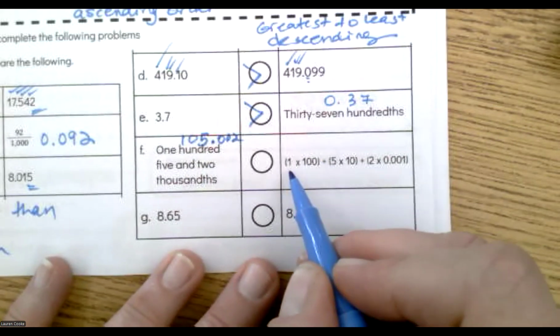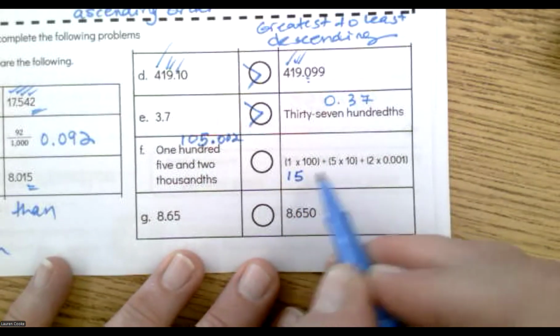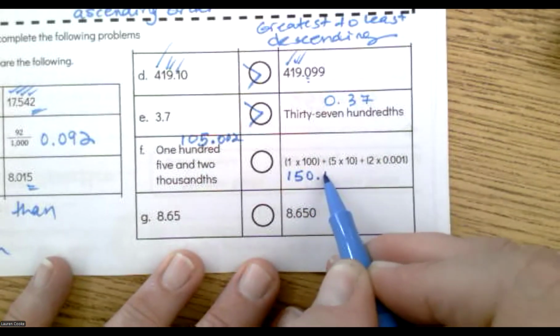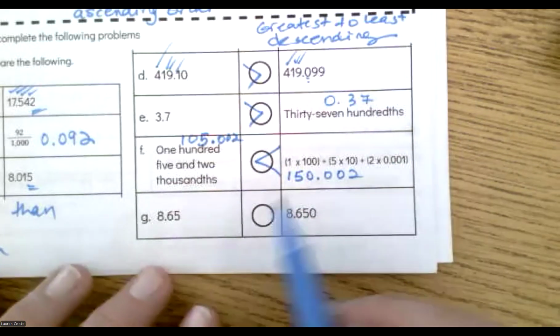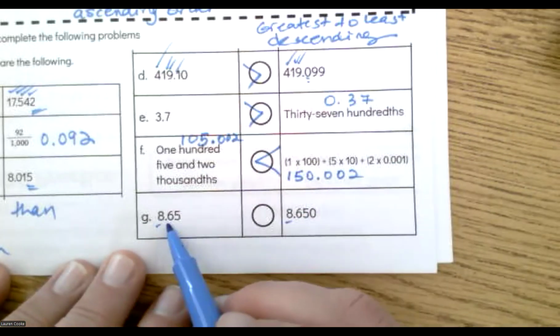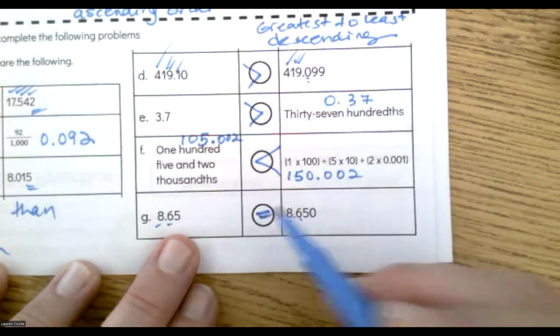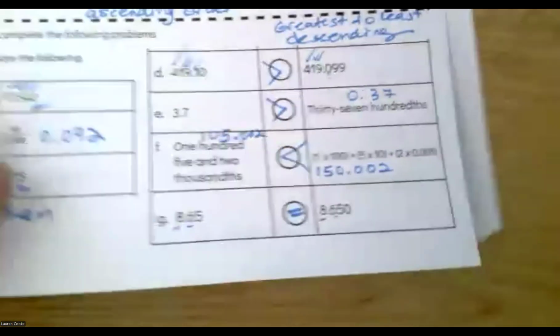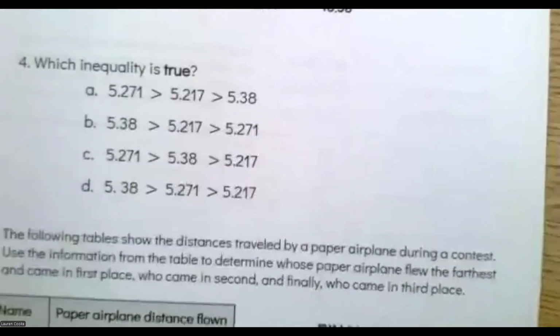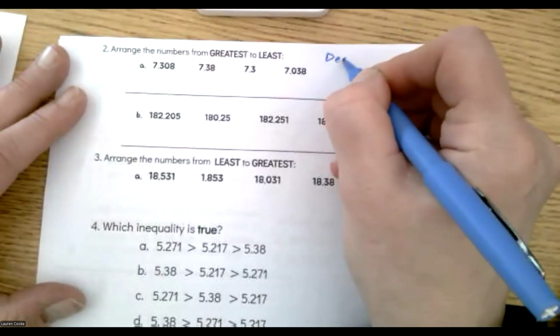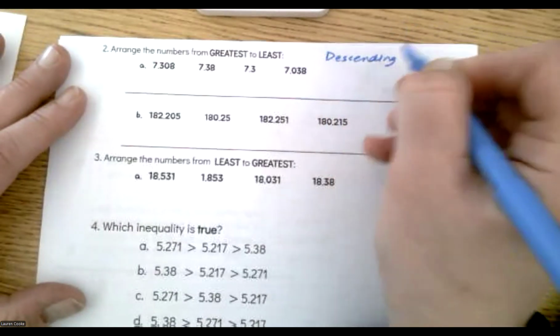Let's figure this out. 100, 50, and 2 thousandths. Oops, that one's bigger. 150. Now I have 8, 8, 6, 6, equal. Great. Okay. All right. Now let's arrange the numbers from greatest to least. And this is what we call descending order.